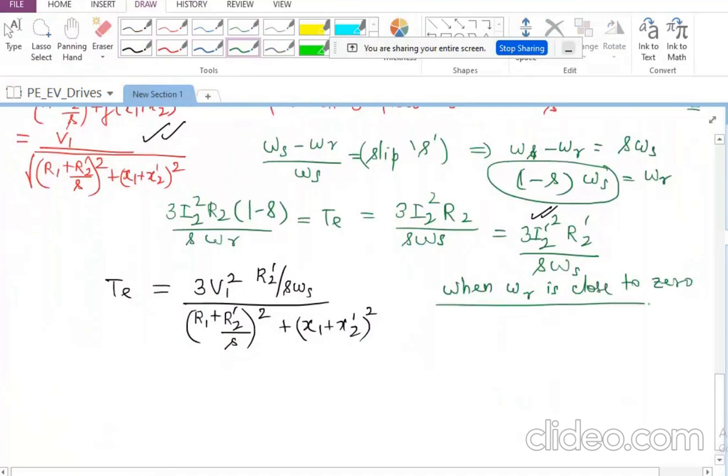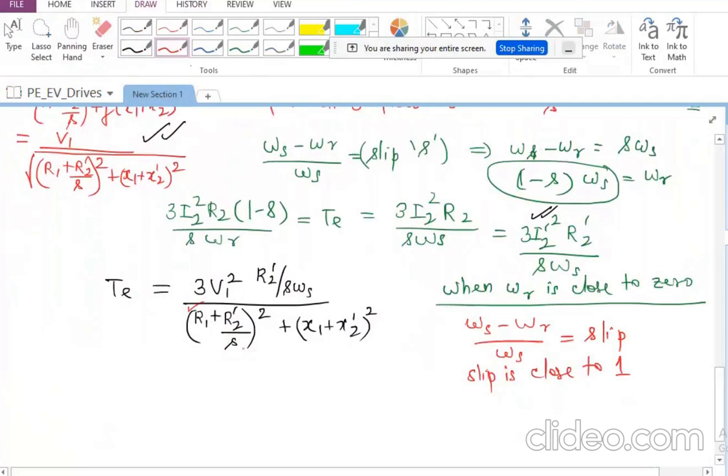Under such a condition, omega S minus omega R divided by omega S, which is slip, is close to 1. Slip is going to be close to 1. And if you look at induction motor winding, R1 is the resistance of the stator winding, which is made up of either aluminum or copper.